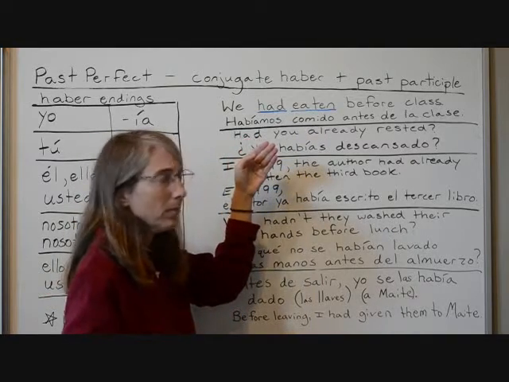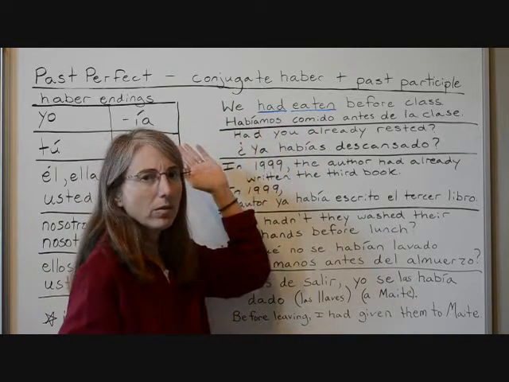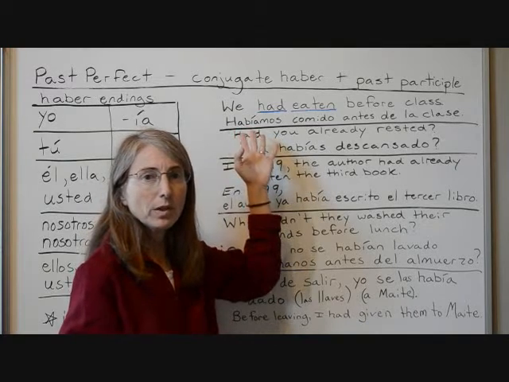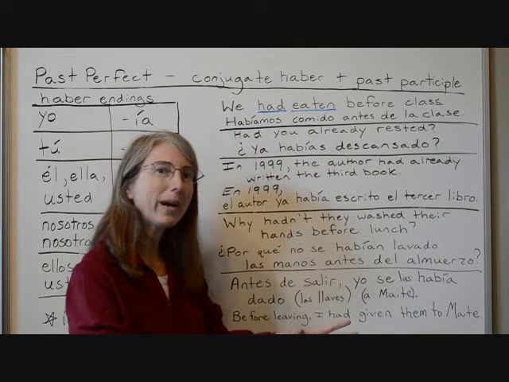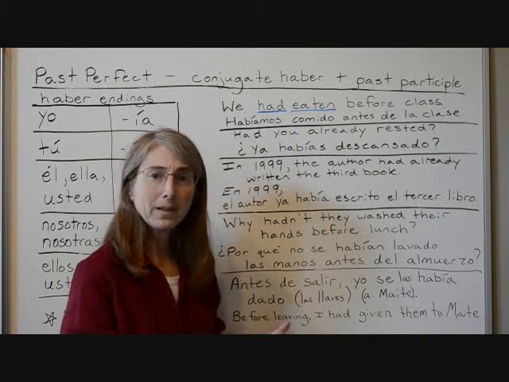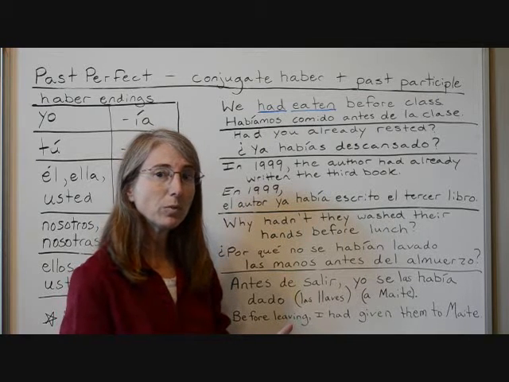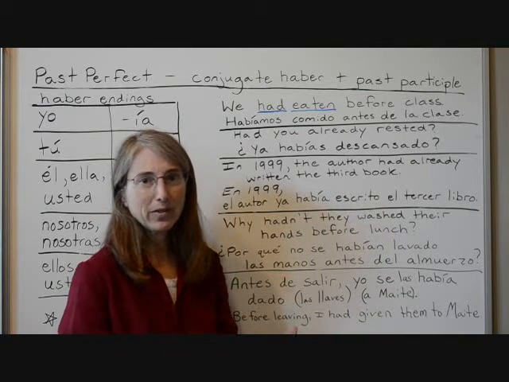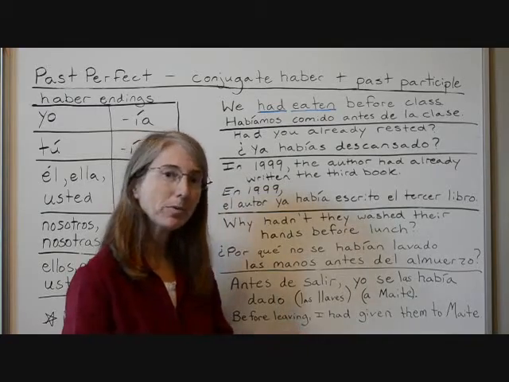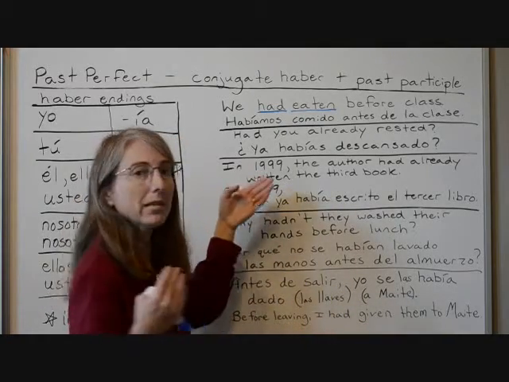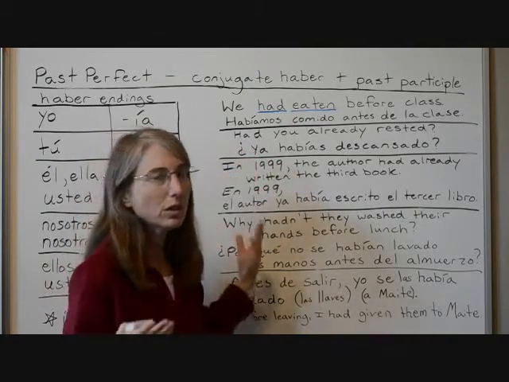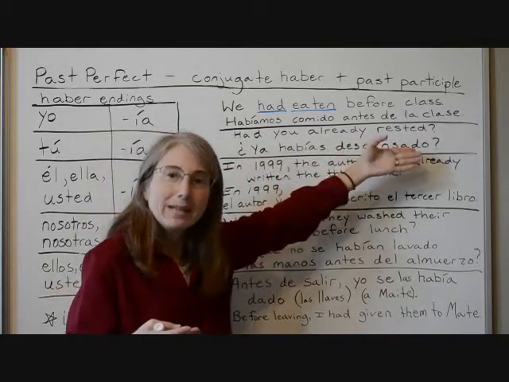Now, we talked about the past perfect being used to describe an action that occurred in the past before another event. And in English, sometimes we use the word already to talk about things that have happened in the past before another event. So we might say in a conversation, had you already rested?